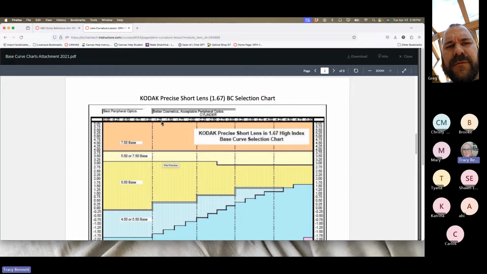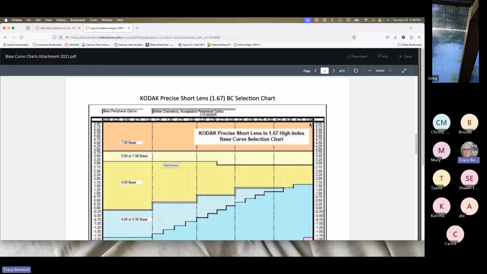So all of these are the increasing cylinder values that you can use. You see that it stops at a -5. So anything beyond a -5, the manufacturer of this lens would prefer you not to use this. You may get the lab saying, that's out of range. So this is the power range that's allowed for this particular lens in the cylinder.